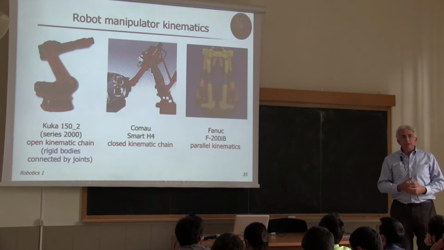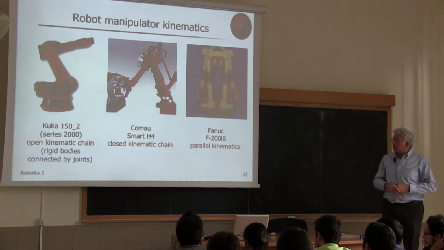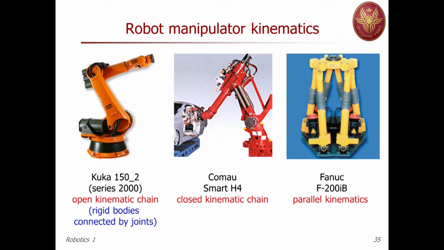We already mentioned that one reason for having this loop, like the parallelogram that you see in the Italian robot Comau Smart H4, is that we want to relocate the position of the actuators, typically electrical motors, close to the base while moving remotely driven links, so that the robot doesn't have to carry the own weight of the motors which are needed to move the links.